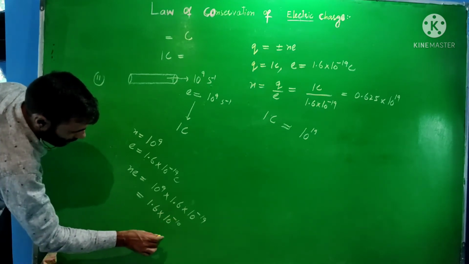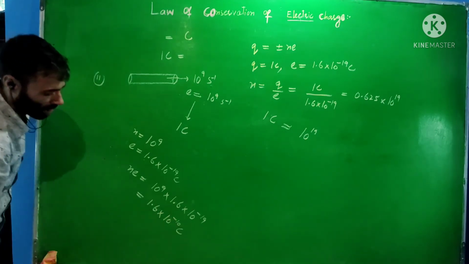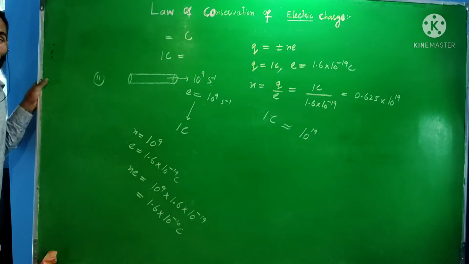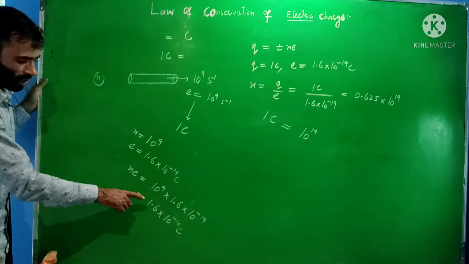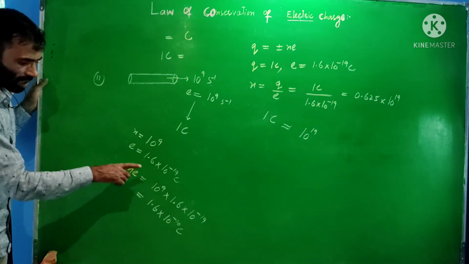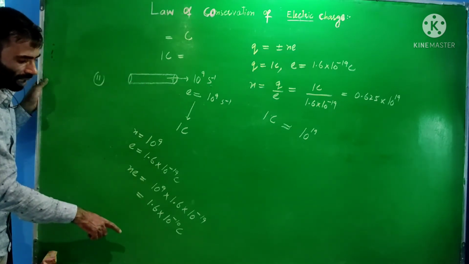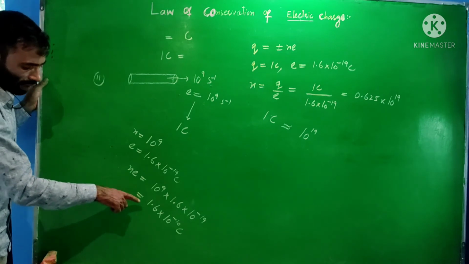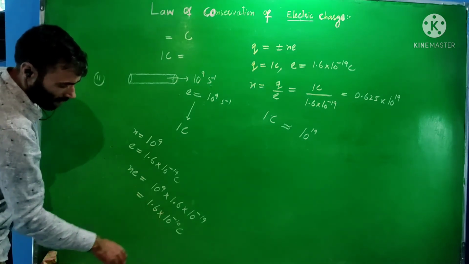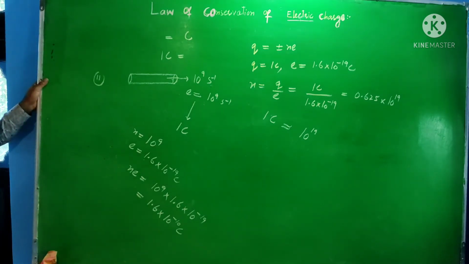This is the charge in coulombs possessed by 10 raised to power 9 electrons. So the total amount of charge possessed by electrons which are released per second is equal to 1.6 into 10 raised to power minus 10 coulomb. Now this is the charge released per second.